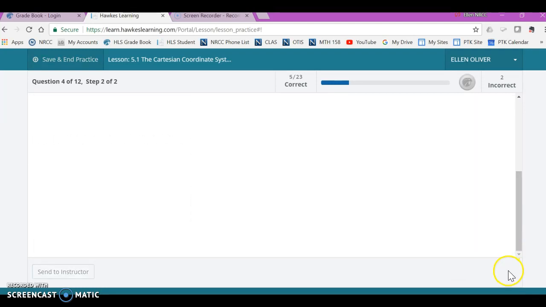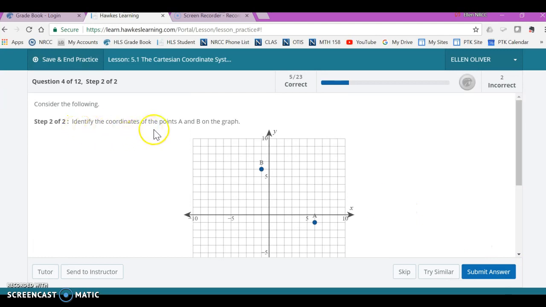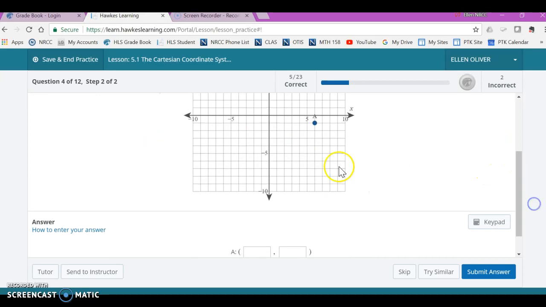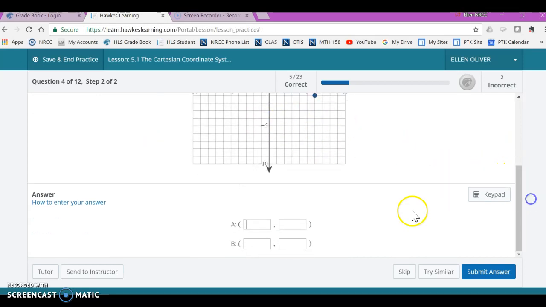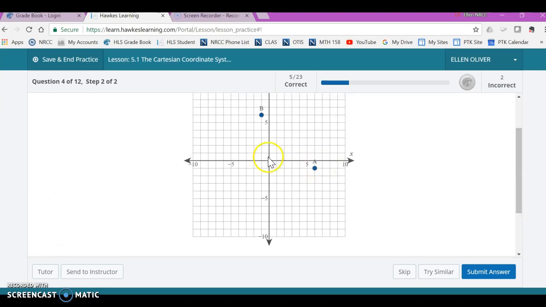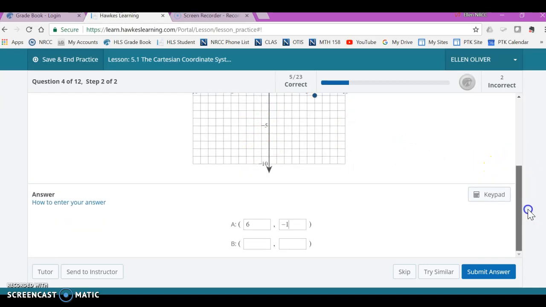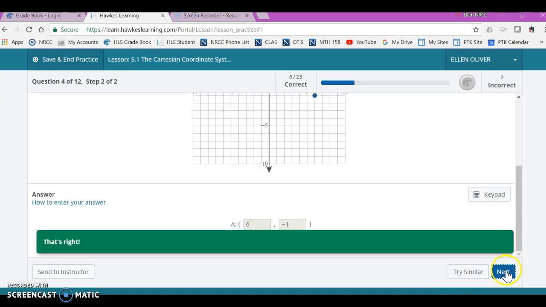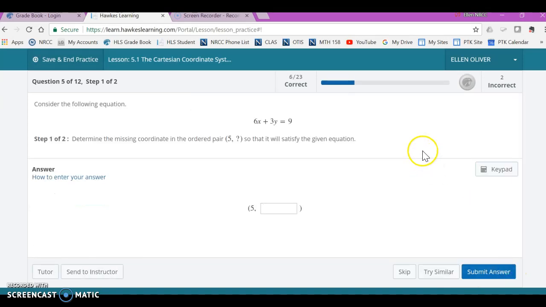Now step 2 is to identify the coordinates of points A and B. A is right 6, down 1, so that's a 6 and a -1. And B is from here, left 1, up 6.